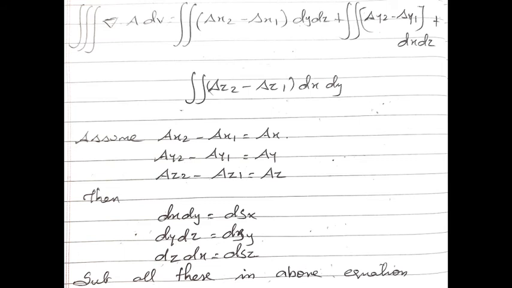Combinedly we have to substitute all the terms in the main equation, that means the triple integral of del dot a dv.